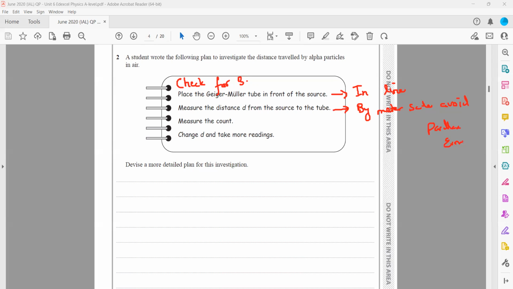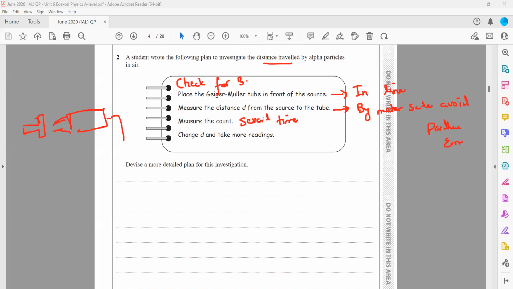Then we measure the count several times, when we place a source in front of the tube and we are investigating the distance traveled by alpha particles in air, like the range of alpha particles. So what should we do when we record the counts?